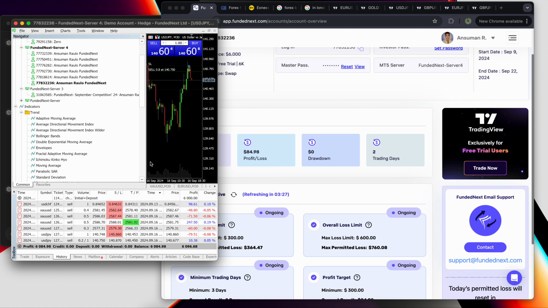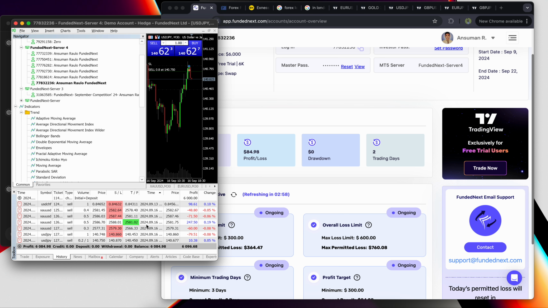First I trailed my stop loss to break even, then it started favoring me more, and from break even I shifted my stop loss to the profit side. Then it hit the stop loss and I exited with a profit of $98.61. So this is the first trade, and in the rest of the 4 trades you can see I ended up exiting with a loss.